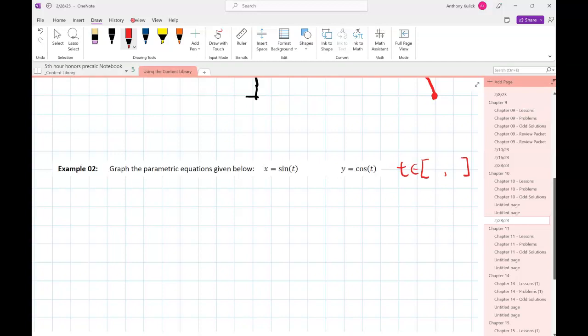What do you guys think? What do we know about the values for sine? Well, the output, sure. But think about, go back to first semester. Are the values for sine all different?